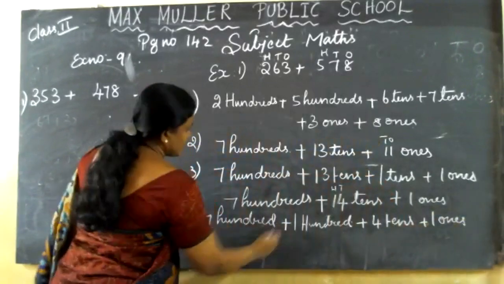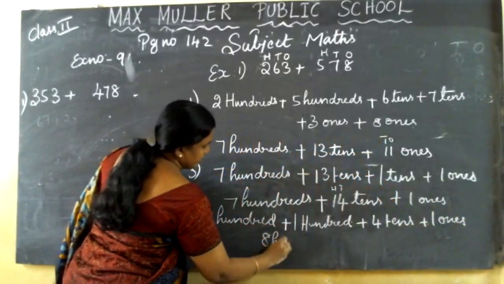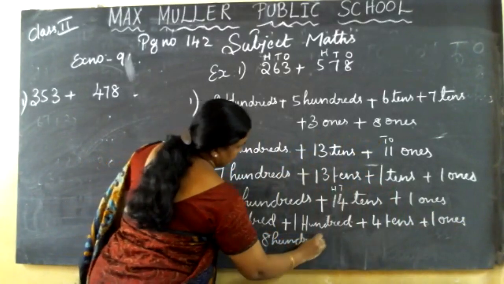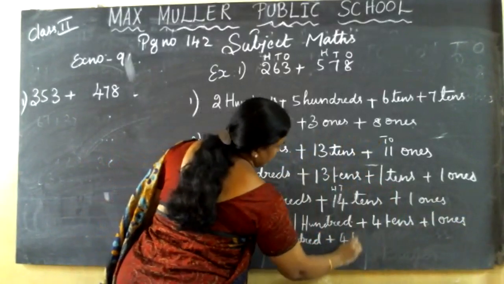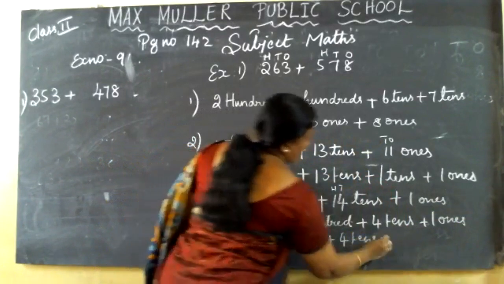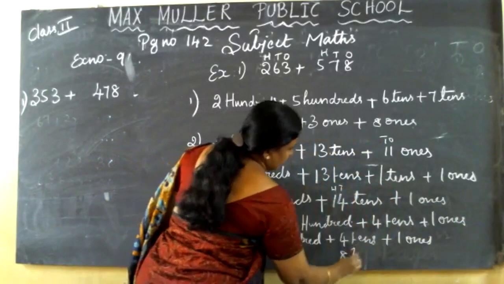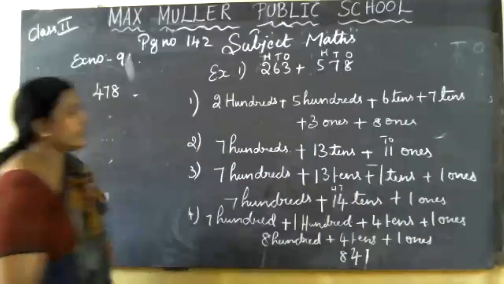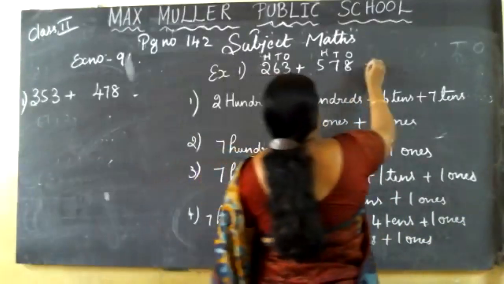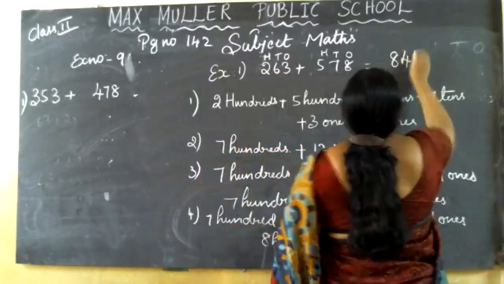Now 7 plus 1, 800 plus 4 tens plus 1 ones. So the answer is 841. For this one, the answer is 841.